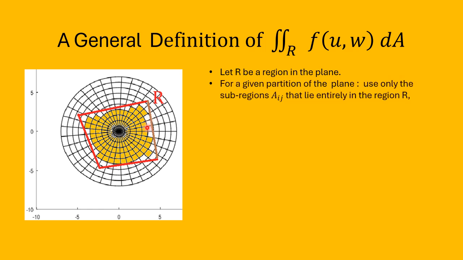And for a given partition of the plane, we're dividing the plane into each of these little sub elements. We will use only the sub-regions or sub-elements A sub ij that lie entirely in the region R. So for instance, if we look at this little element right here, it's entirely within R, and so that's one of the subregions that we will use in our Riemann sum. This one over here will not be used because just a little piece of it here is not inside R.